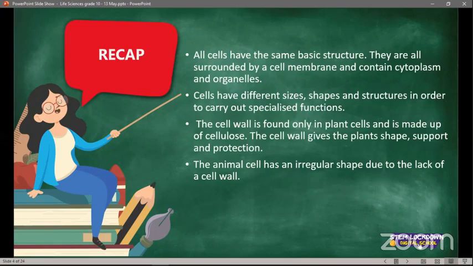And we said the cell wall is only found in plant cells and it is made up of cellulose. You know that cellulose is a type of carbohydrate, a type of polysaccharide.